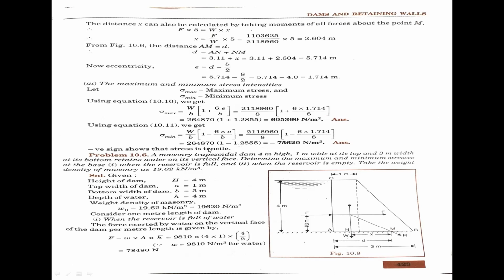A masonry trapezoidal dam 4 meters high, 1 meter wide at its top and 3 meters wide at its bottom, retains water on its vertical face. Determine the maximum and minimum stresses at the base when the reservoir is full and when the reservoir is empty. Take the weight density of masonry as 19.62 kilonewton per meter cube.